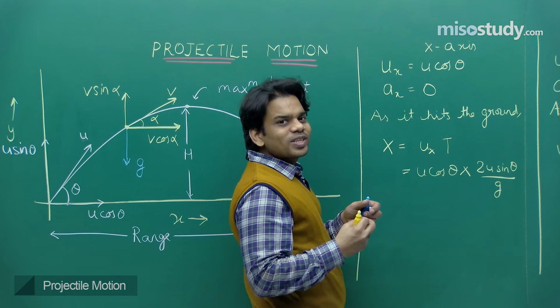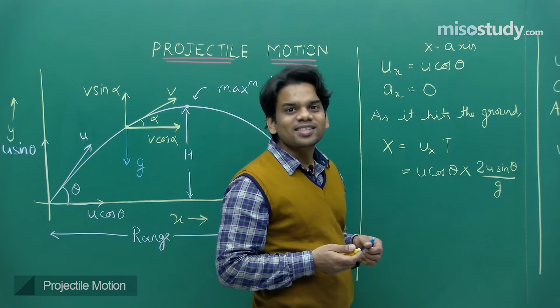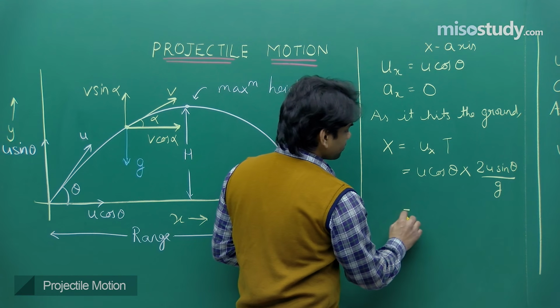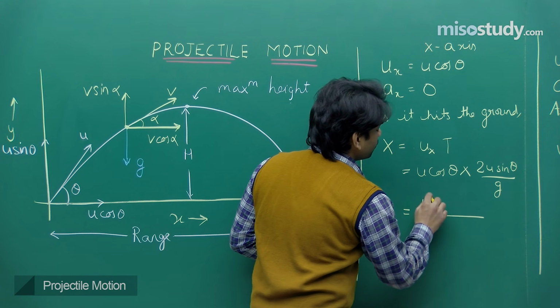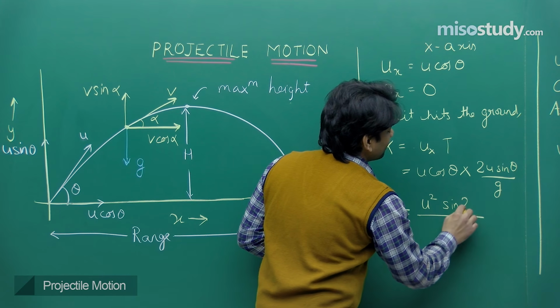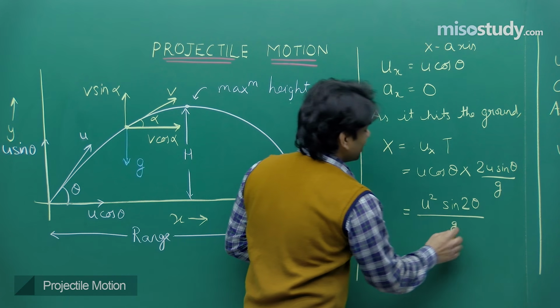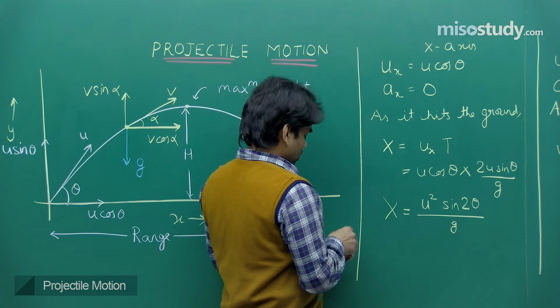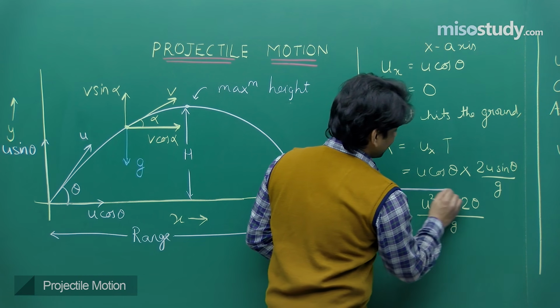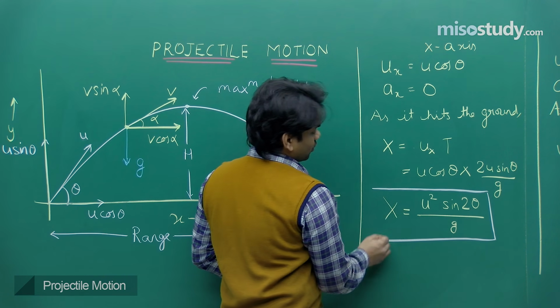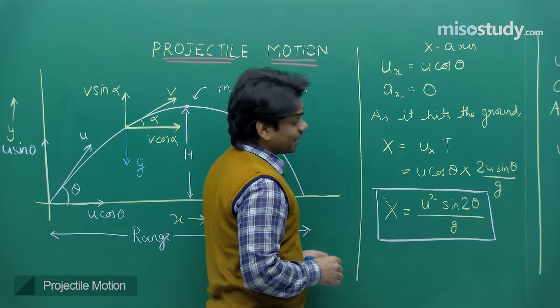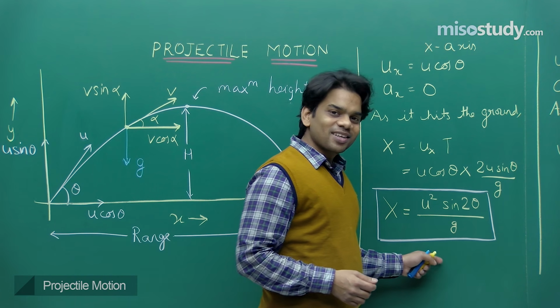If you remember, 2 sine theta cos theta can be written as sine 2 theta. This will be u square sine 2 theta by g. This is the value of range, so I am mentioning capital X as equal to u square sine 2 theta by g.